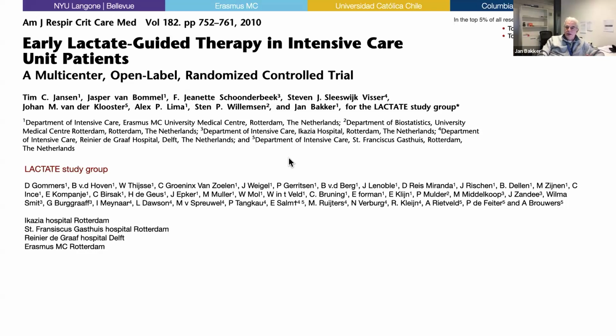We used lactate to treat the patient, and the objective of this study was, with the elements of oxygen delivery, so saturation, hemoglobin, cardiac output, and the elements of oxygen demand, so working hard to ventilate, being in pain, we manipulated this to improve the balance between demand and supply. And this was probably the first really personalized study in critical care.